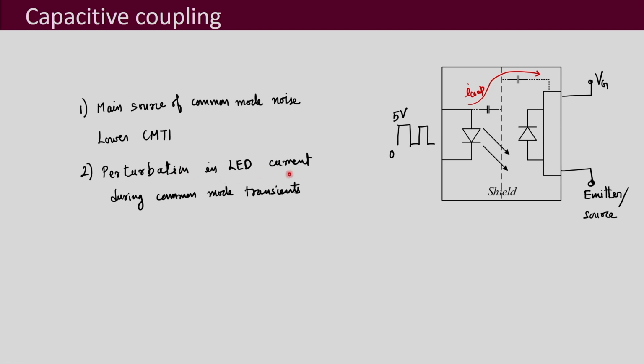Now if this LED current is getting perturbed, you will see some kind of abrupt functioning. Sometimes the driver all of a sudden will shut down, and then again it will start up. This is a mysterious phenomenon that you may be observing while doing the experiment, and you may wonder why it is happening.